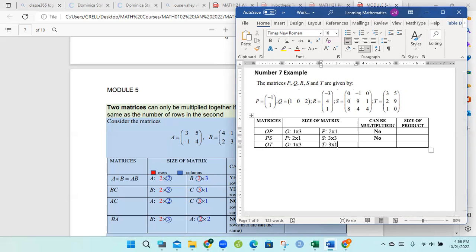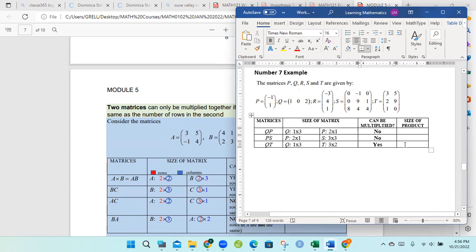So is multiplication possible? Yes, because the two innermost numbers are equal. Also, you have 1, 2, 3 elements in the row of Q and 1, 2, 3 elements in the column of T. So it's a 3 and a 3. So yes, multiplication is possible.